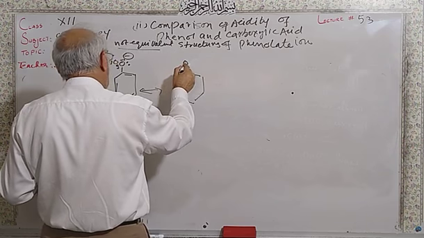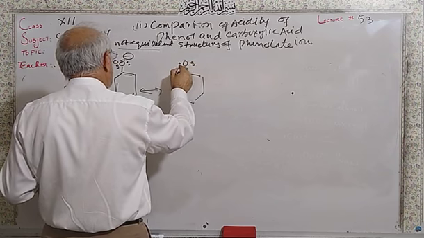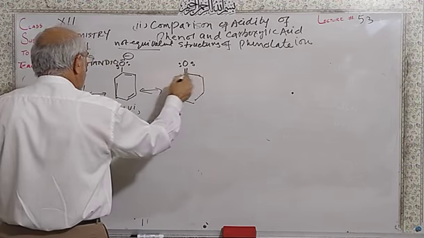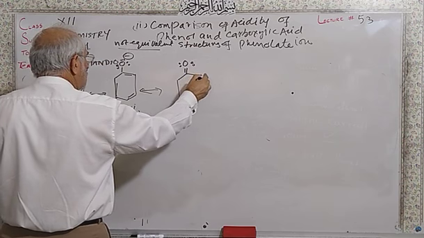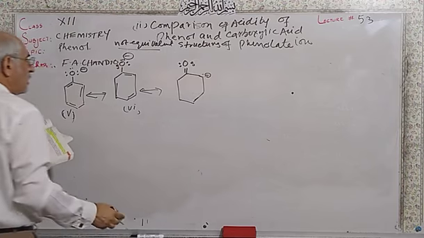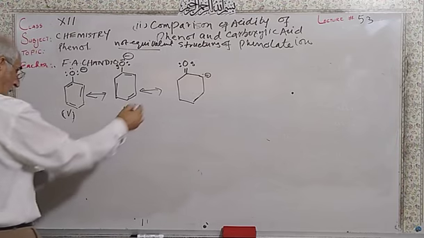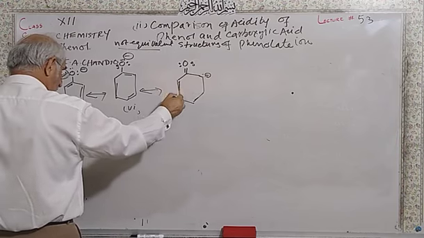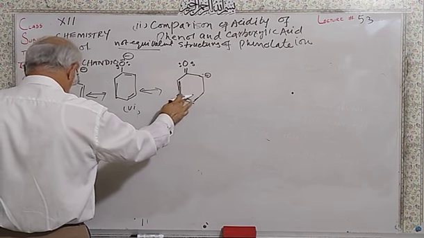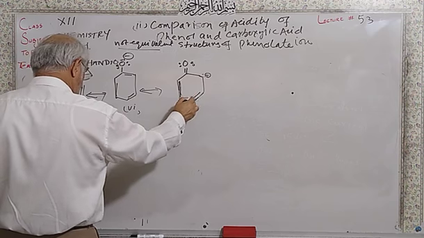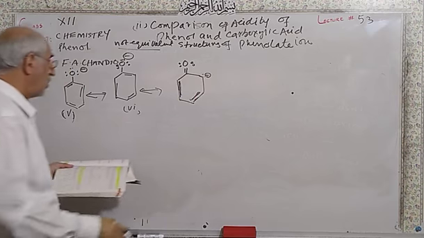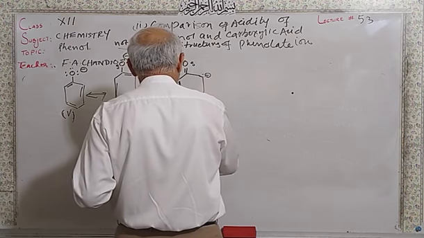The valency of the oxygen is going to be complete, and this bond is no more here. So the positive charge is going to be created. There is no bond between this carbon and this, like this one, same as phenol. This is number 7.